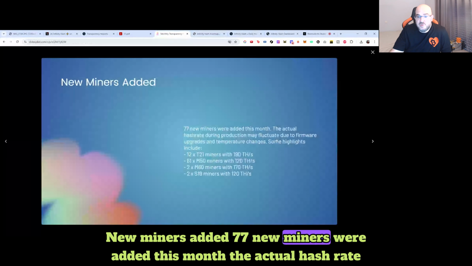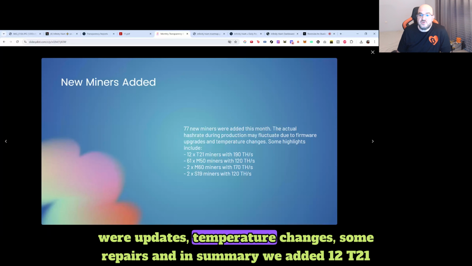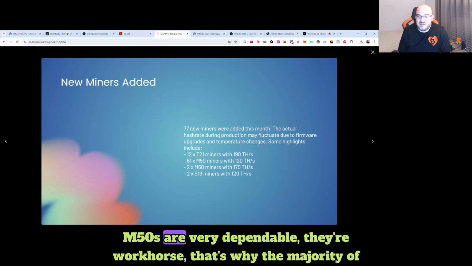New miners added. 77 new miners were added this month. The actual hash rate during production may fluctuate, of course, with firmware updates, temperature changes, some repairs. In summary, we added 12 T21 miners, 61 M50. M50s are very dependable. They're a workhorse.